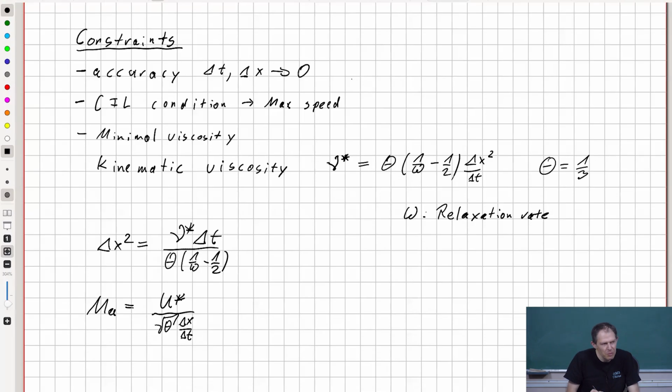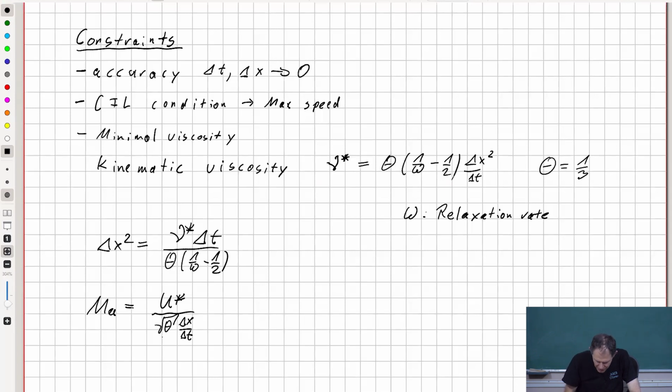Now this will be the Mach number that we use in the simulation. Yeah? So does not necessarily mean that this is the physically correct Mach number, but that would be the one that we are using, because this here is the speed of sound used in the simulation. So you can still scale the Mach number.